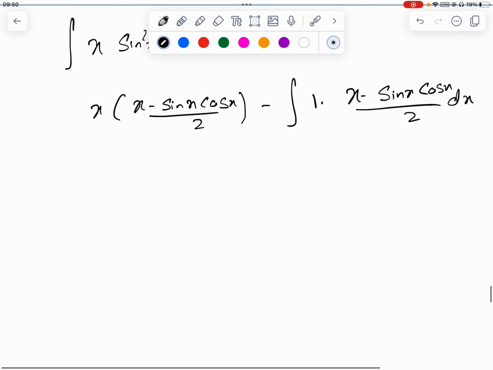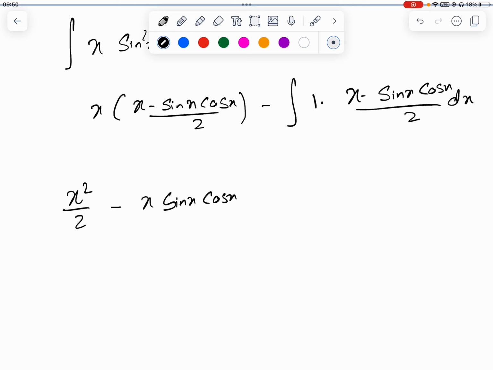So what does that become now? x square upon 2 minus x sine x cos x upon 2, minus 1 upon 2 integral of x minus sine x cos x dx.